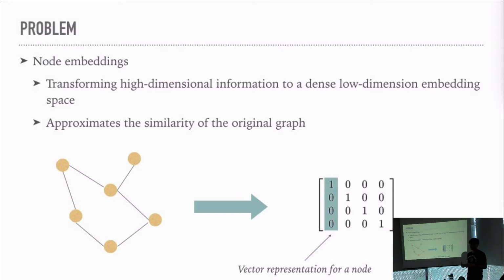The similarity of node 1 and node 2 is basically the dot product of 1 and 2. Okay, so that is embedding. This is just an example, so the similarity is 0. We want nodes that are close together to have a dot product of high value, and nodes that are far apart to have a dot product of low value.